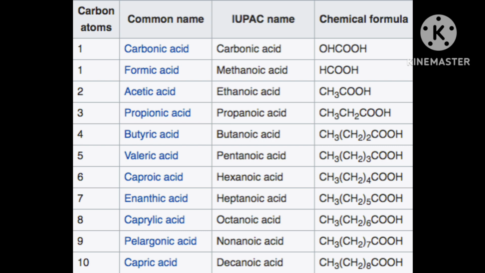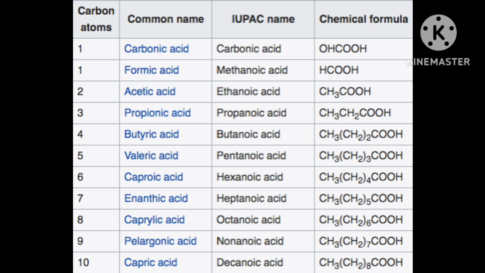Now next example I am telling you, that is glutaric acid. Now in the middle 3 CH2 are there, CH2 whole 3. Left side you can write CH2 whole 3, then one side COOH, other side again COOH, means 2 carboxylic groups are there. Here again you can easily do the nomenclature.